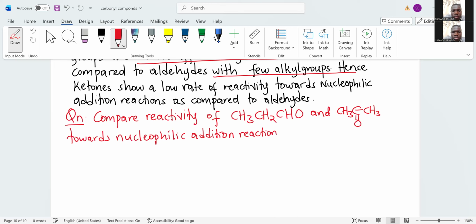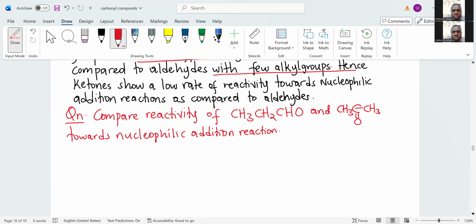Which one is more reactive than the other? Compare the reactivity of propanal and propanone towards nucleophilic addition reactions.